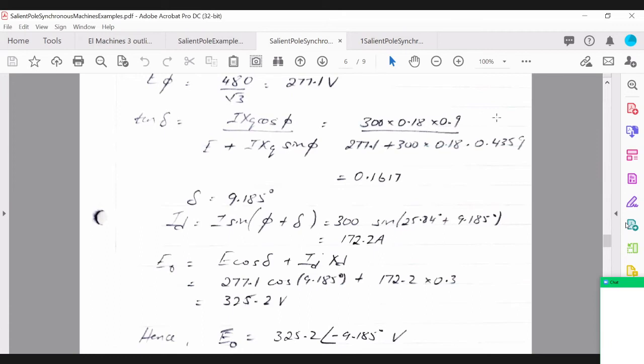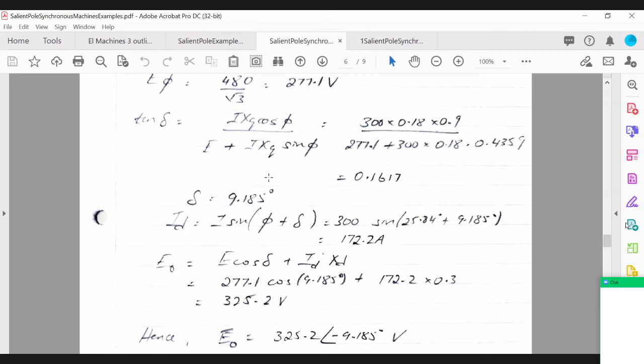So I've substituted those values into the equation to solve for the load angle, delta, right? So once you are able to work out delta, you can also work out ID, because you require ID for your solution of the induced voltage.